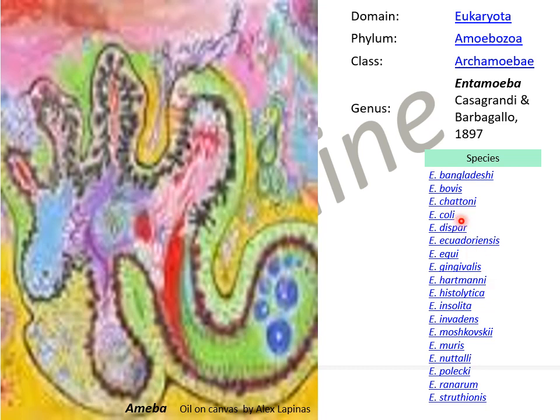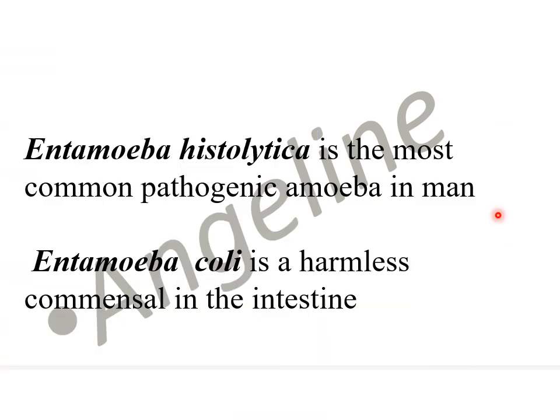You have Entamoeba coli, but it is a harmless commensal living in the intestine. So histolytica is the most common pathogenic amoeba in man, and coli is a harmless commensal in the intestine.